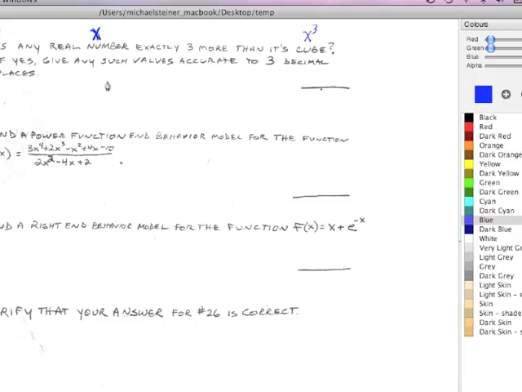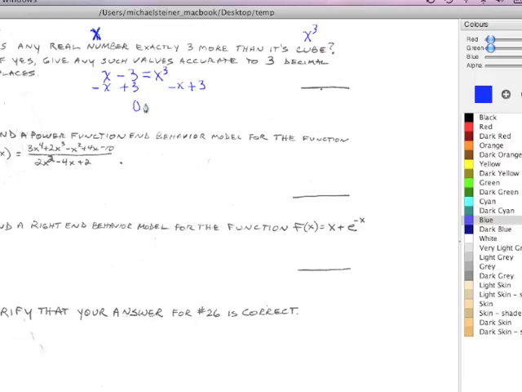If X is exactly 3 more, then X minus 3 would have to equal X cubed. And if we want to get all the terms to the right-hand side of the equation, let's do the steps. Minus X plus 3 to both sides.